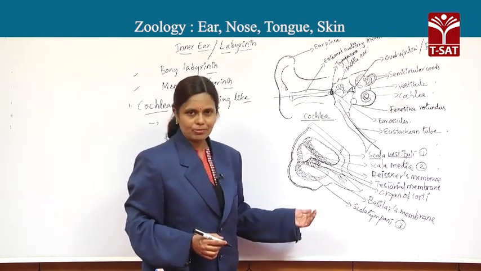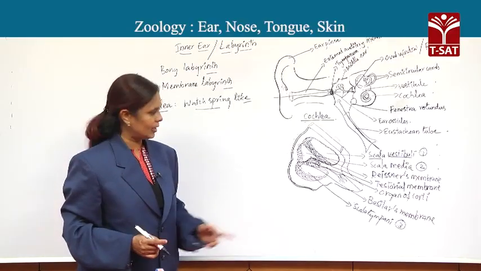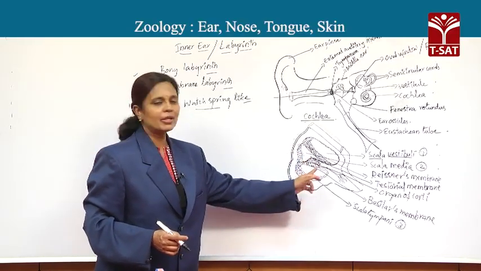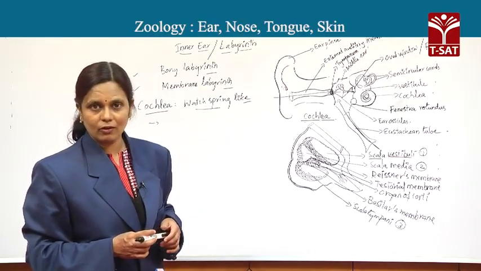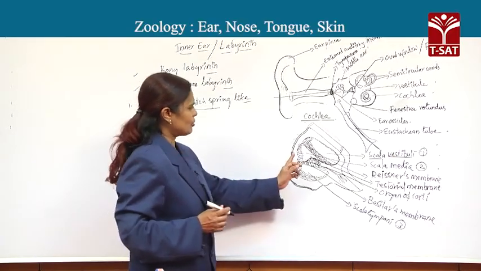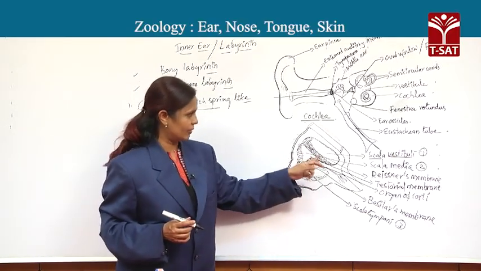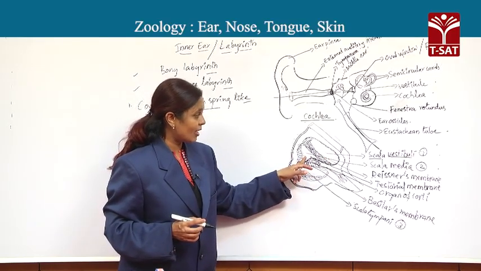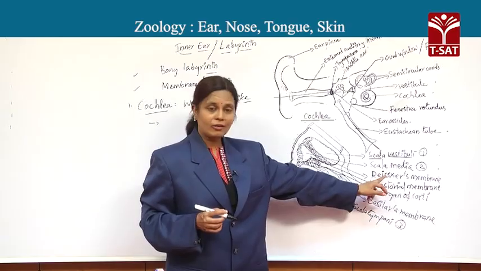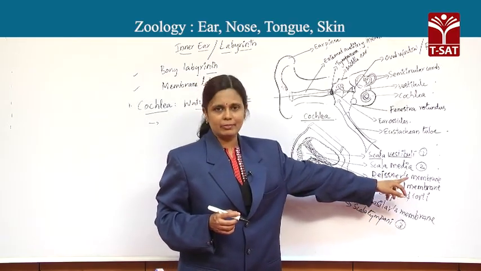Now, these 3 tubes are separated from one another by 2 membrane partitions that constitute the membrane labyrinth of cochlea. So, what are those 2 membranes? To begin with, the scala vestibuli is separated from scala media by a membrane called Reissner's membrane.